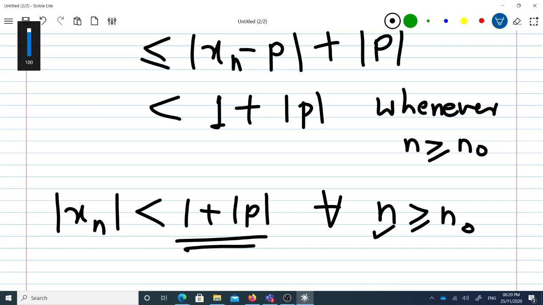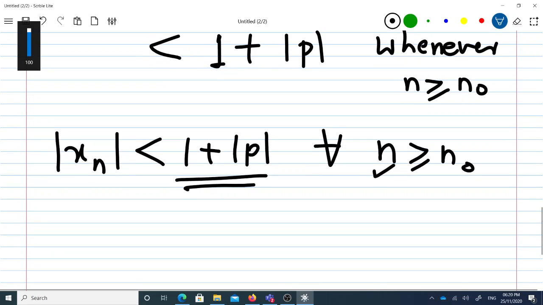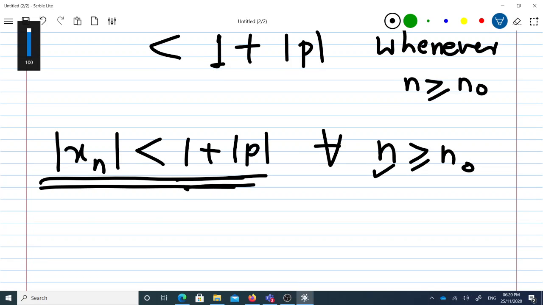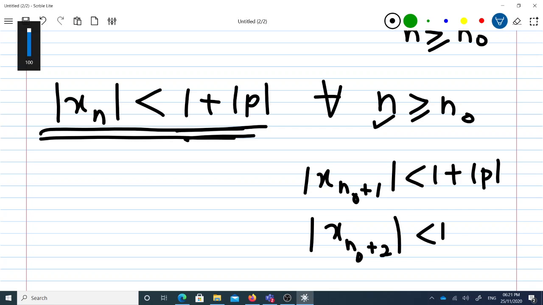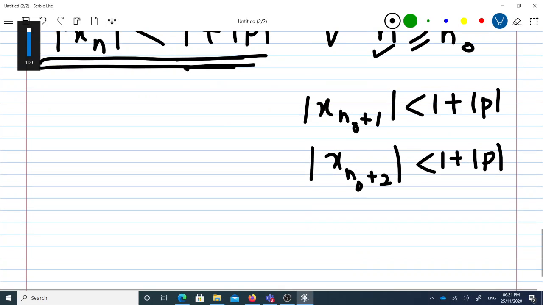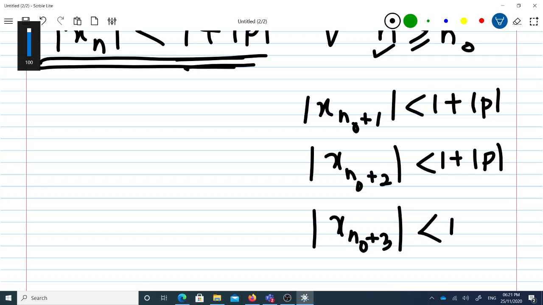So you can observe that this inequality holds for all those n which are above n naught. That means x n naught plus 1 is less than 1 plus mod p. Similarly, x n naught plus 2 is less than 1 plus mod p. Similarly, x n naught plus 3 is less than 1 plus mod p.